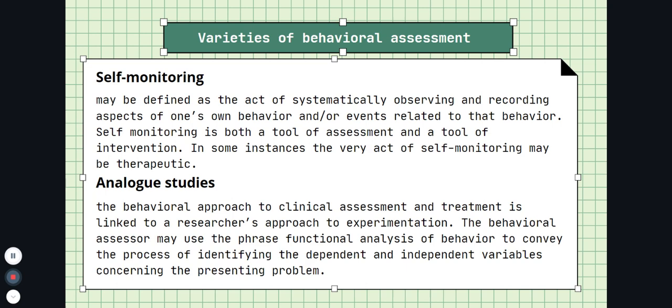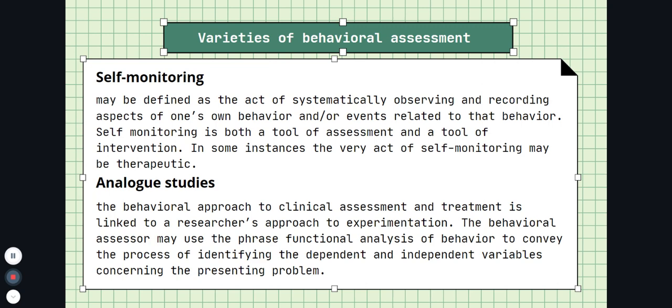Self-monitoring relies on observations of the behavior of clinical interest at the time and place of its actual occurrence. It may be used to record specific thoughts, feelings, or behaviors of the assessee, him or herself.